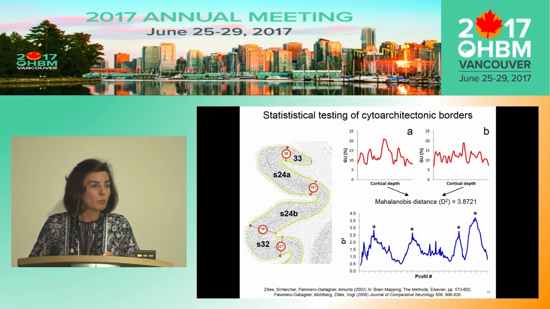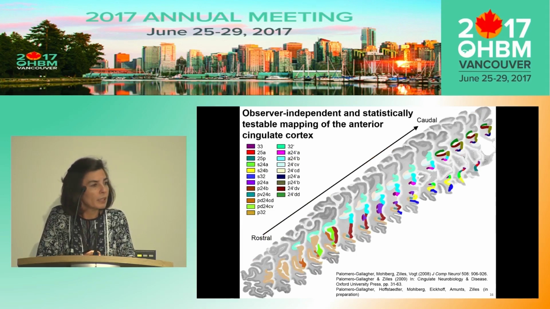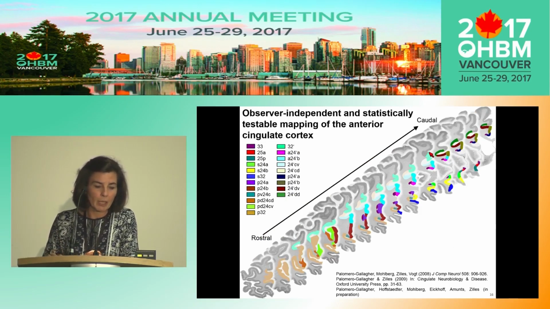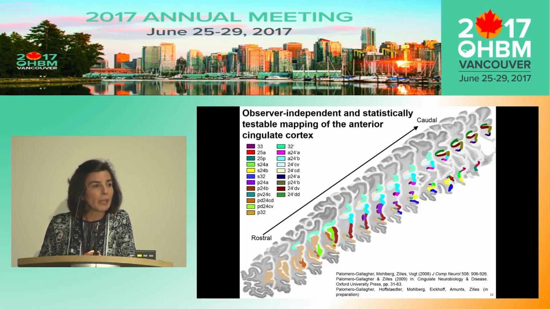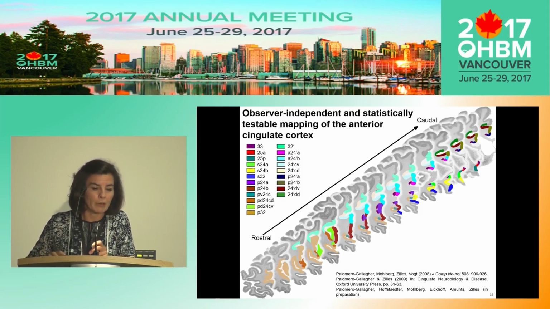So we decided to reassess Brodmann's anterior cingulate region. This slide here shows a series of coronal sections through the left hemisphere of a specific brain, a post-mortem human brain. And we were able to identify a total of 21 different areas within this region, which Brodmann only identified 4 areas.